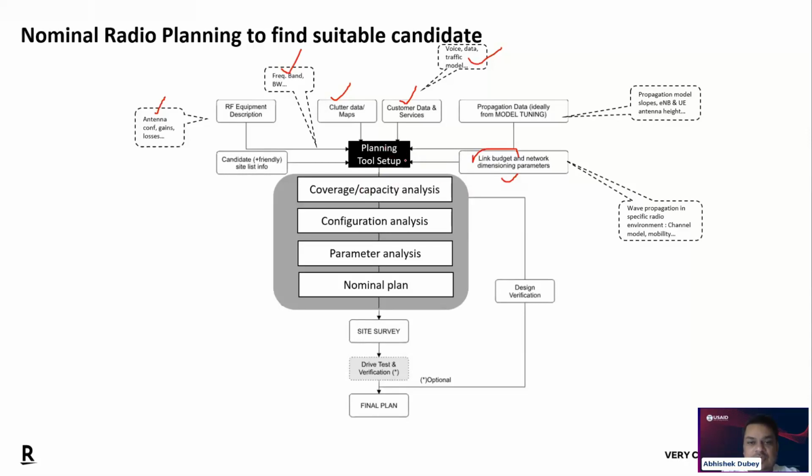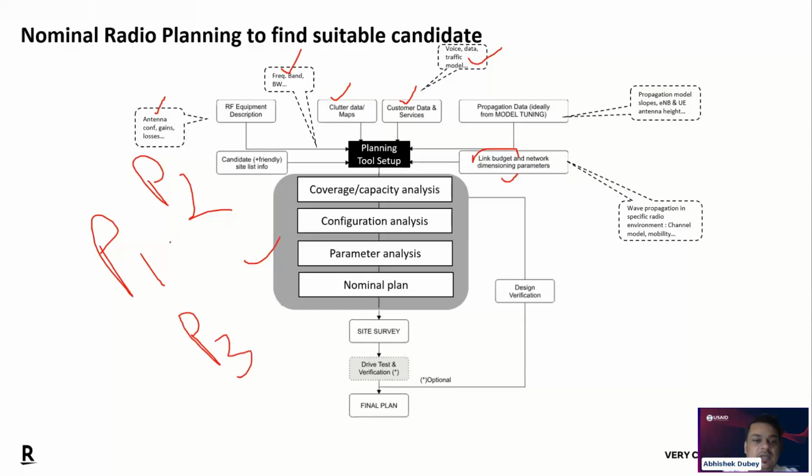You put all that data in the tool, and finally you are going to get a prediction plot of the coverage and capacity that you are going to analyze. You analyze the configuration parameters, you see the nominal plan, and you verify this through the site survey. Here you are going to decide the P1 and P2, P3 for the nominal.